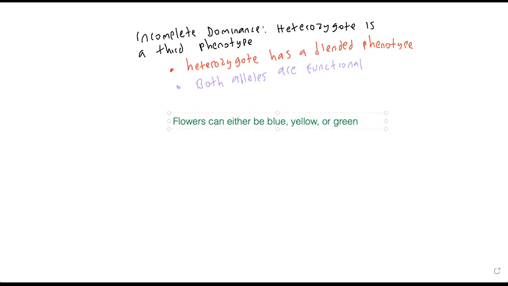So your main hint that this is an incomplete dominant problem is that there's 3 phenotypes, and green is a blend between blue and yellow. If a green and yellow flower are crossed, what will be the phenotypic outcomes?